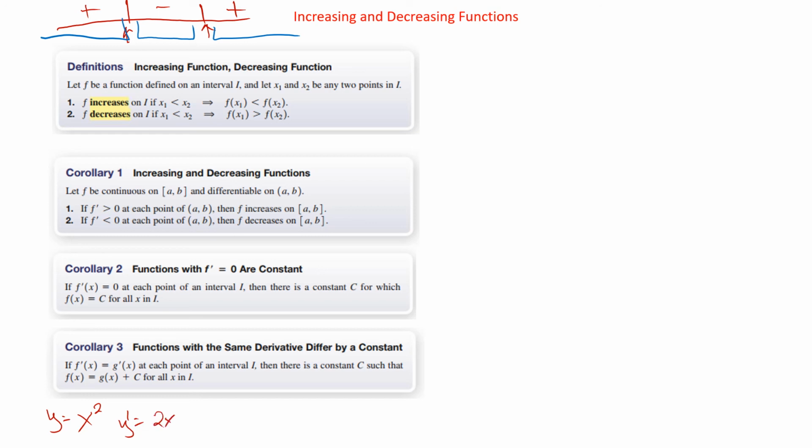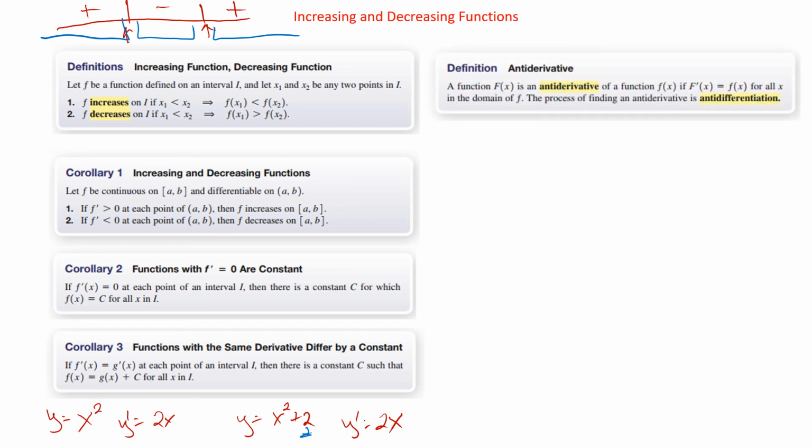Well, we could have y equals x squared plus 2, which means y prime equals 2x. So this plus 2 could be plus any number, and when we take the derivative, we're not going to see it.